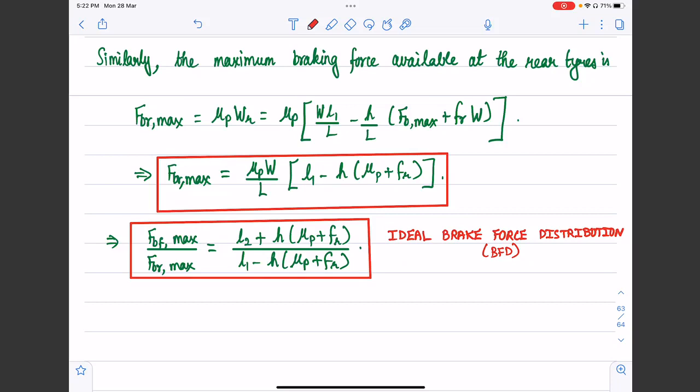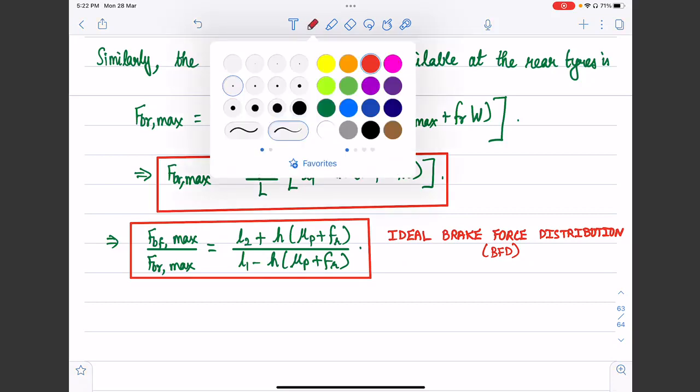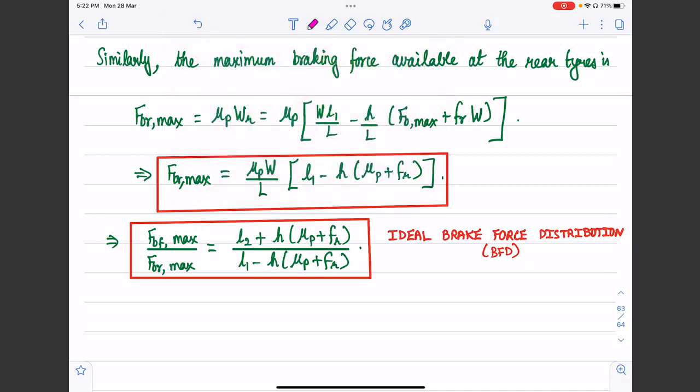And typically what happens is that we use some terminology, like this ratio is taken to be a ratio of two factors less than one, typically called KBF and KBR. KBF denoting the fraction of braking on the front wheels, KBR denoting the fraction of braking on the rear wheels.